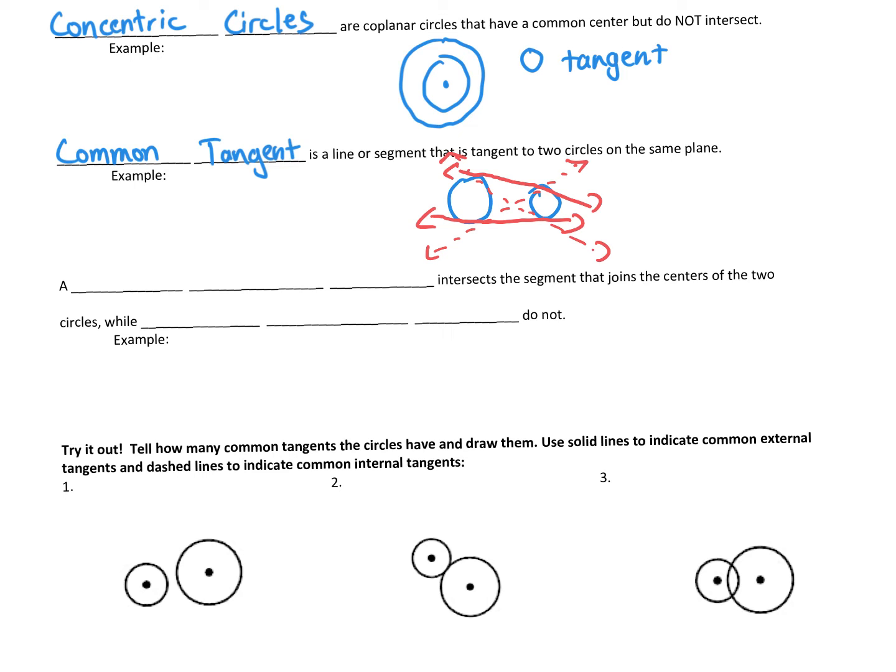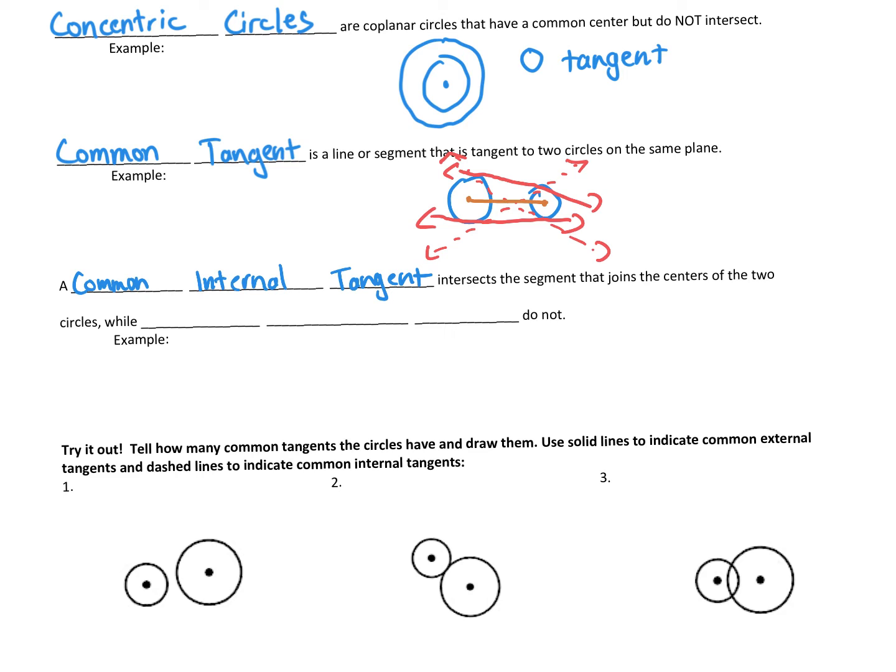A common internal tangent intersects the line on the inside, and basically we know it's internal. So if we look up the picture here, I drew dots for the center of the circle, and I connect them using a segment that connects the 2 centers.